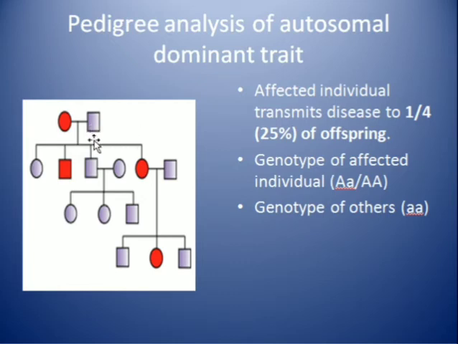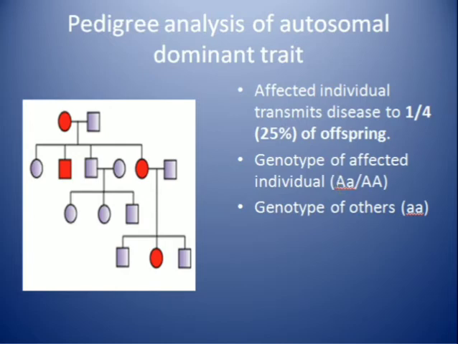So as you can see, it is expressed wherever the dominant allele is present. Here also the disease is transmitted to 25% of the offspring. Now the genotype of the affected individual will be either heterozygous or homozygous, because the defect is in the dominant allele.